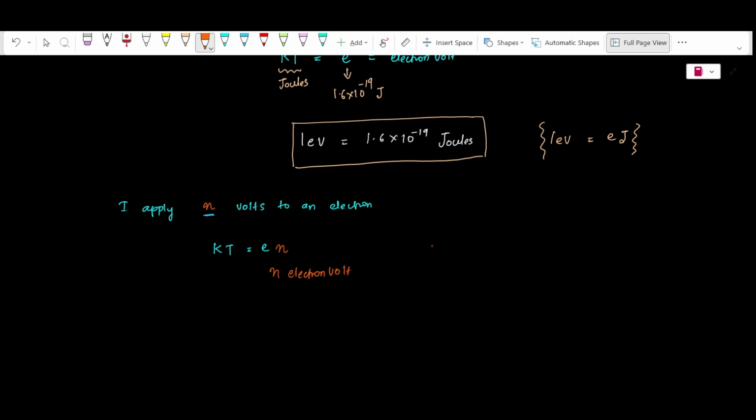The key takeaway here is that if I am given some voltage V, then the corresponding energy is V electron volt.